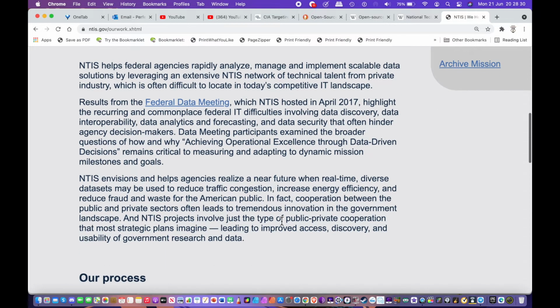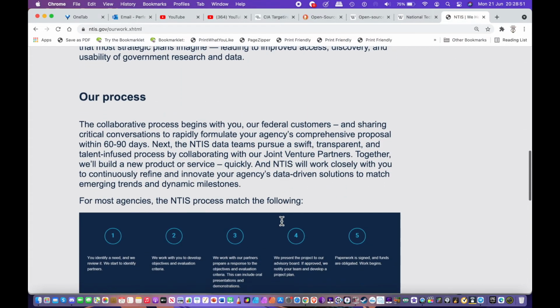Events help agencies realize a near future when real-time diverse data sets may be used to reduce traffic congestion, increase energy efficiency, and reduce fraud and waste for the American public.